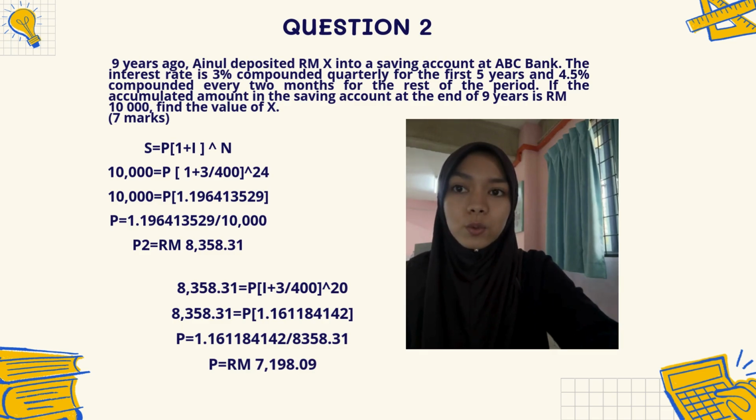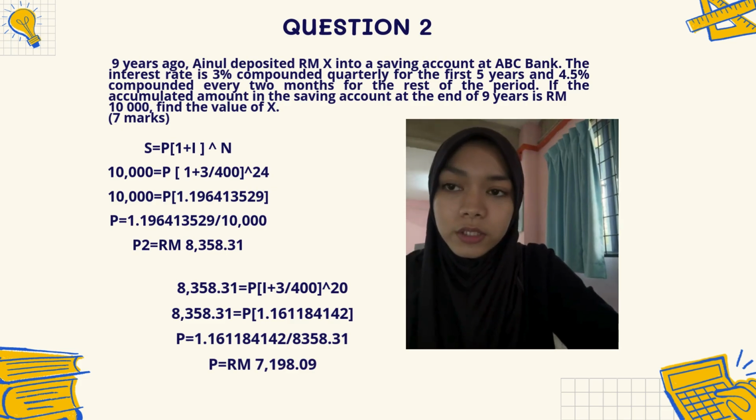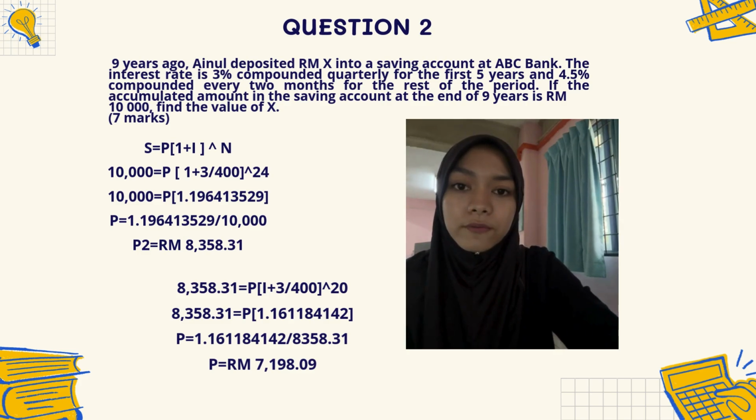We put it into the formula, which is 8,358.31 equals P(1 + 3/400) to the power of 20. So if we calculate, we get 1.1611844142. So 8,358.31 equals P times 1.161184.